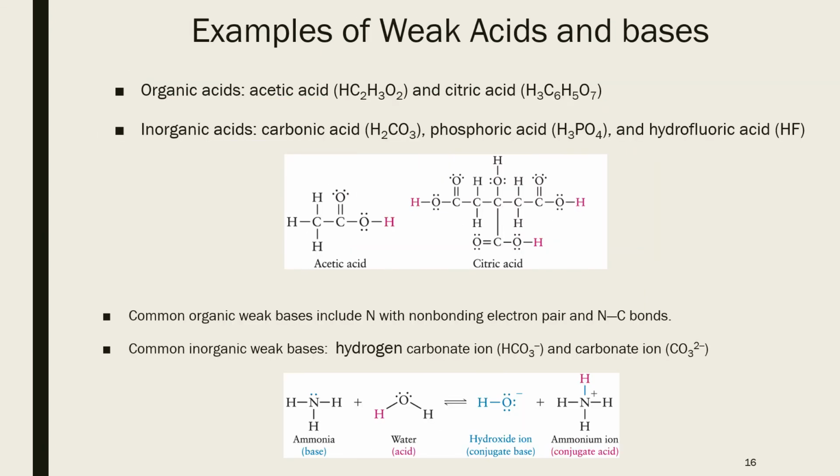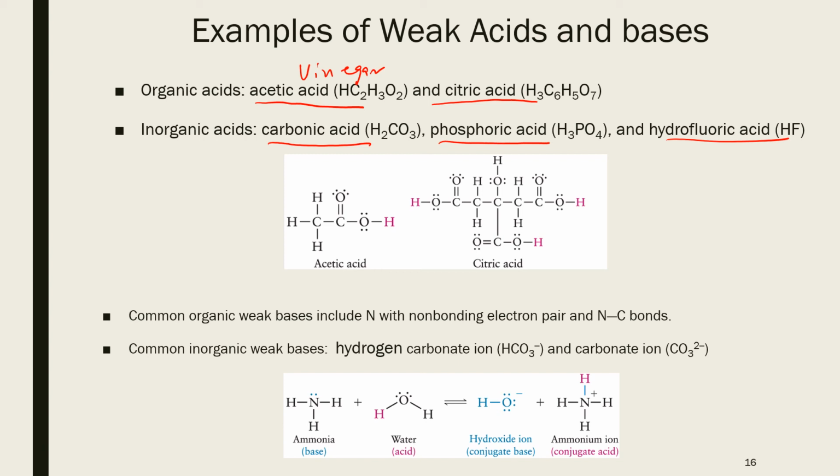Organic acids such as acetic acid and citric acid are the most common examples of weak acids. Acetic acid is found in vinegar, and citric acid is found in all citrus fruit juice such as lemon juice, orange juice, etc. Inorganic acids such as carbonic acid, phosphoric acid, and hydrofluoric acid are also examples of weak acids.